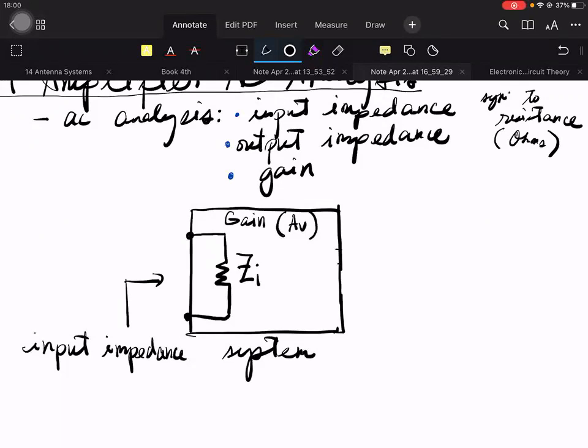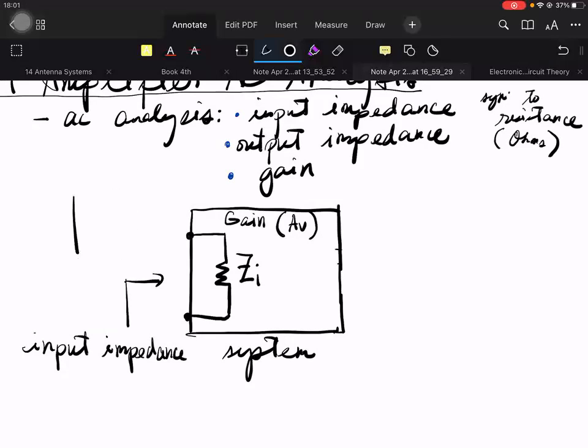I'll try to find a more accurate definition for input impedance. An easier definition of input impedance is: if we connect a system here, that is the resistance that will be measured. I guess that's the easiest way to look at it.